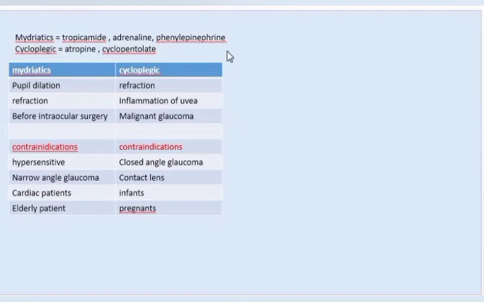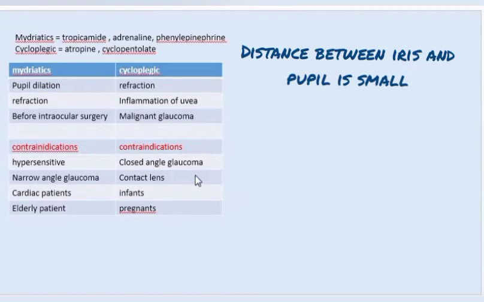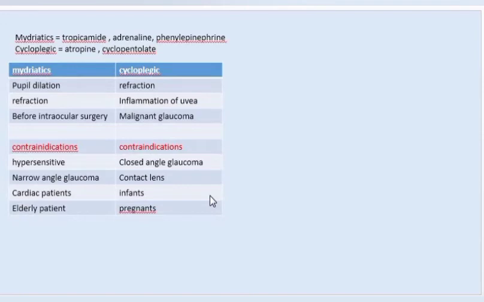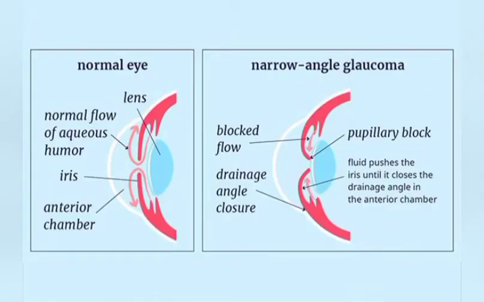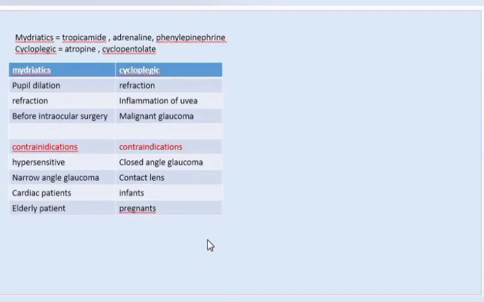So what happens is, in narrow angles, the distance between the iris and the lens is already small. That's why when the pupil dilates, it also pushes the iris, which results in the closure of that angle and prevents the aqueous from passing between the lens and iris through the pupil and into the anterior chamber, and this is known as pupillary block.